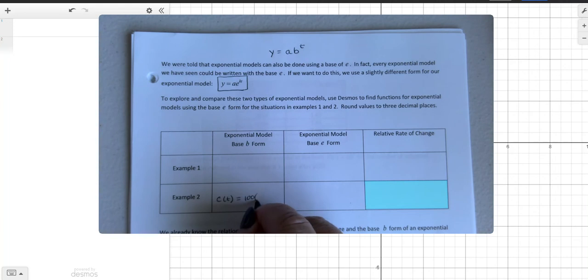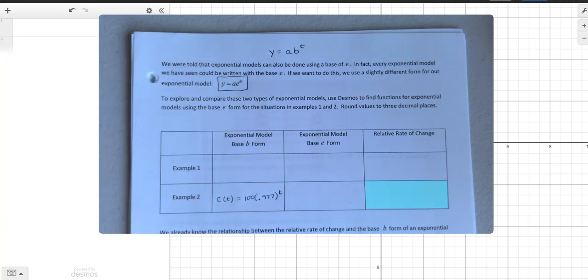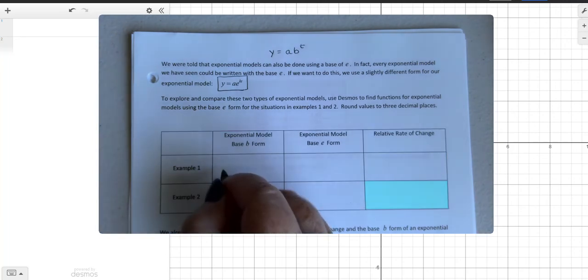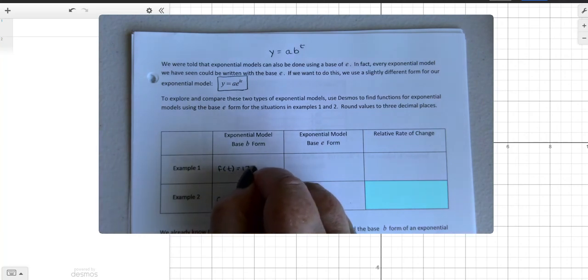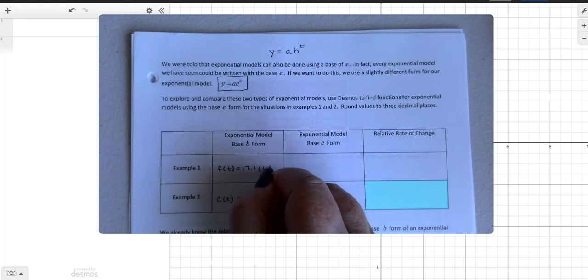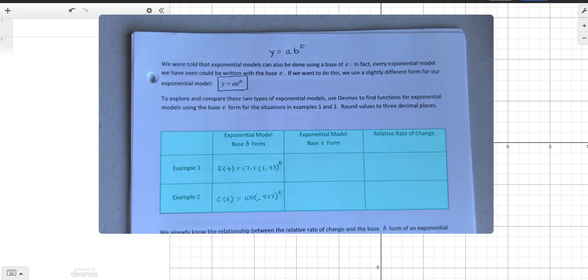We got 100 times 0.977 to the t. The problem that we did before that was the internet websites, and we got f of t there was 17.1 times 1.33 to the t.